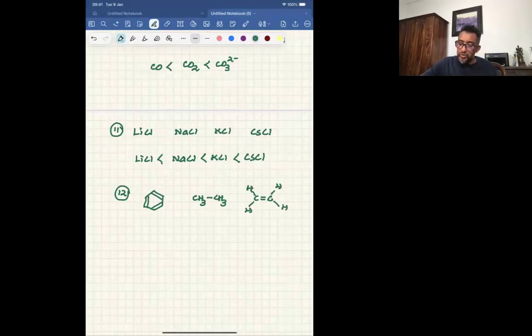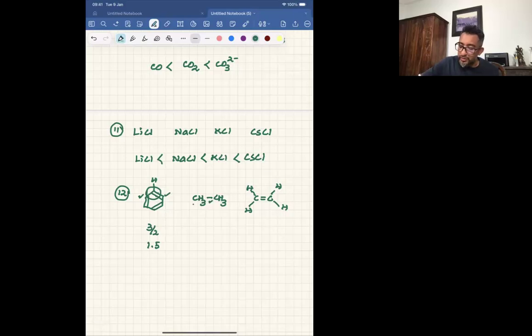Right. So if you look at the bond order here, 1, 2, 3 atoms, you have similar carbons, 2 carbons. So 3 divided by 2, 1.5 is the bond order. Here the bond order is 1.